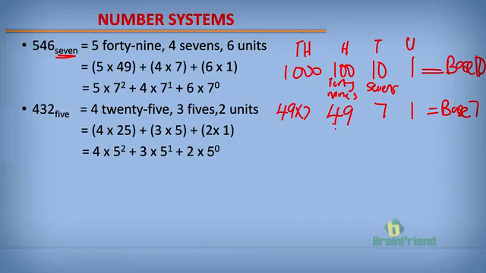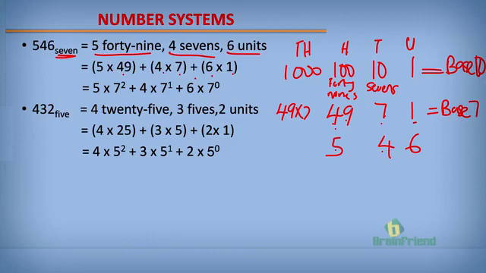So to expand 546 in base 7, we have 5 49s. Let's write this here. This is 5, 4, 6. So we have 5 49s, 4 sevens, and 6 units. So we can expand this as 5 times 49 plus 4 times 7 plus 6 times 1.